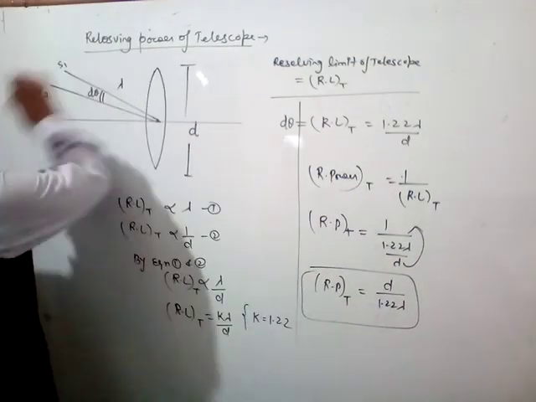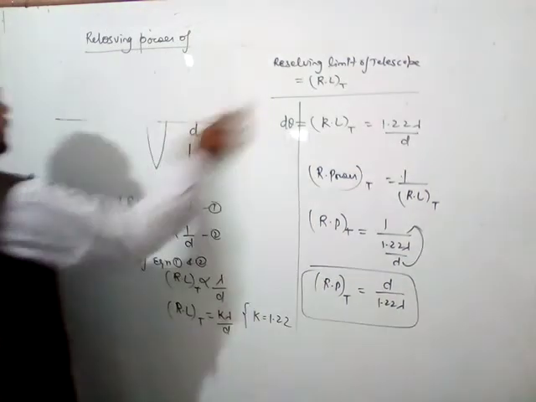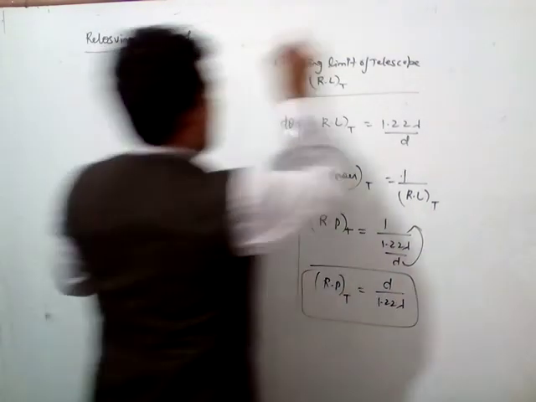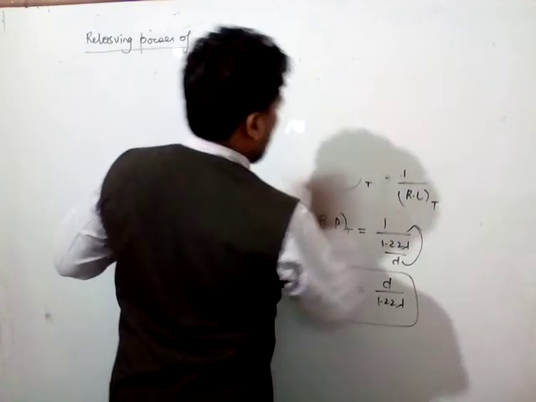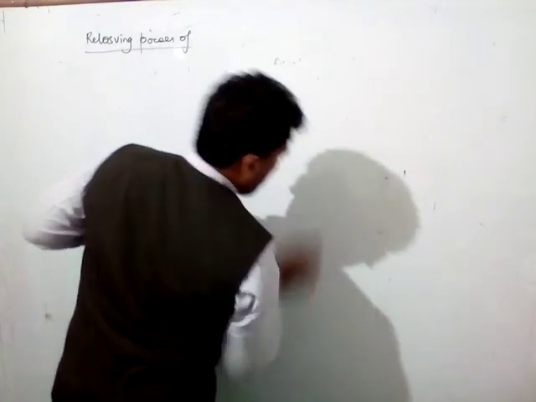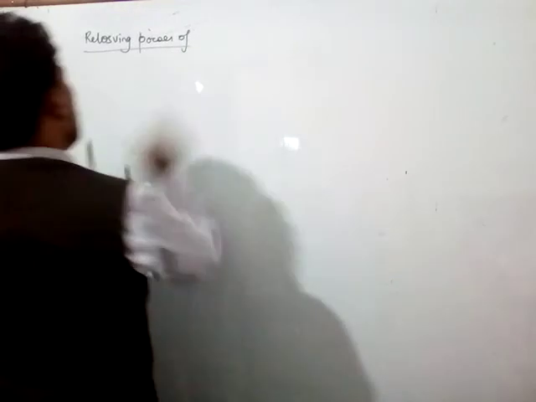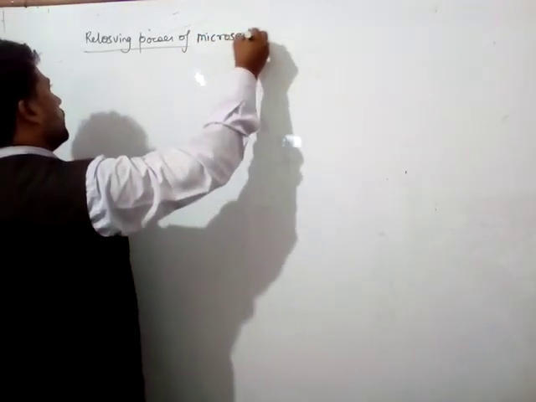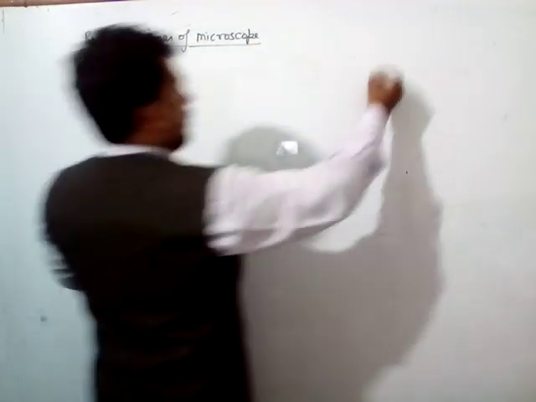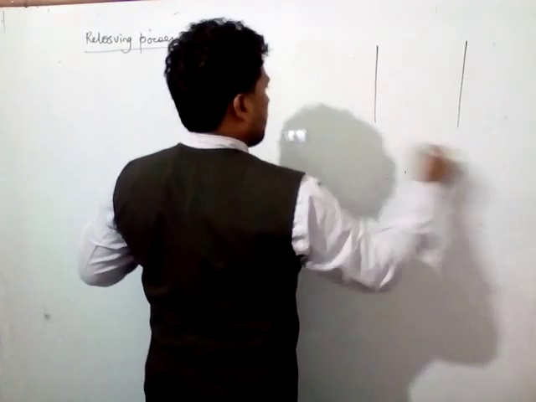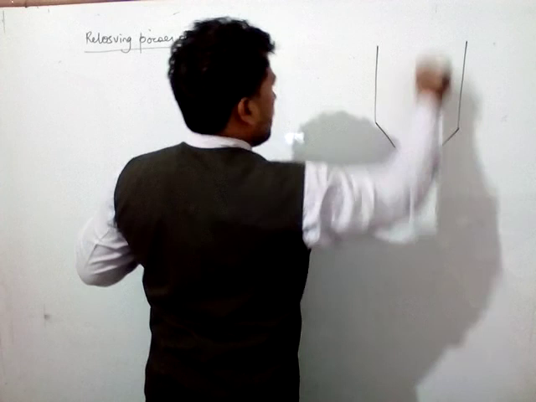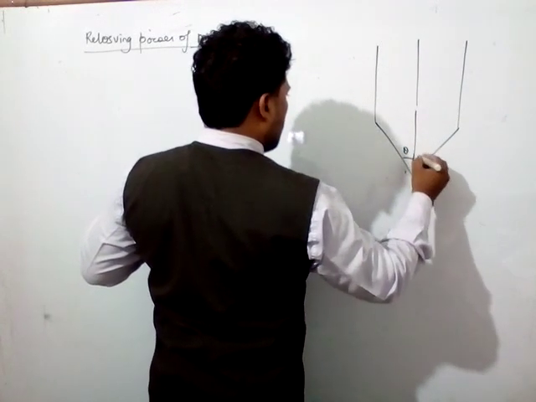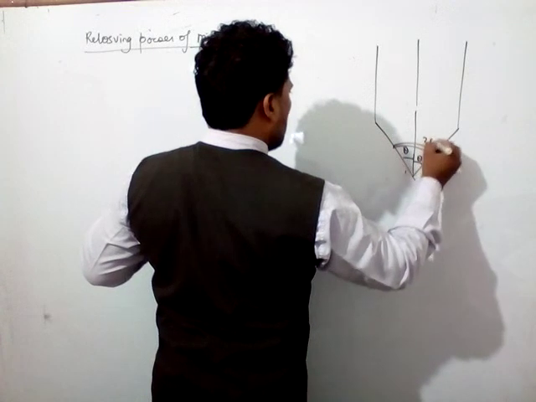And now let me discuss the resolving power of the microscope. This is the microscope and this is the cone angle, theta and theta, so the complete cone angle is 2 theta.